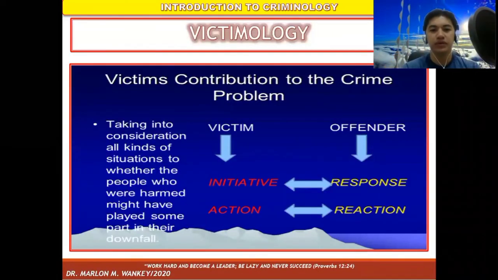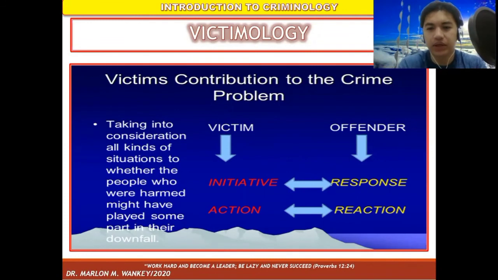Victim's contribution to the crime problem. Actually, it is a vice versa. So, taking into consideration all kinds of situations as to whether the people who were harmed might have played some part in their downfall. Sometimes a victim made the first move and initiated the attack.